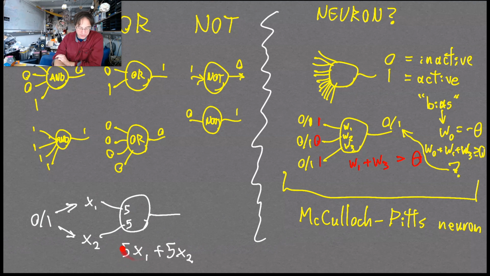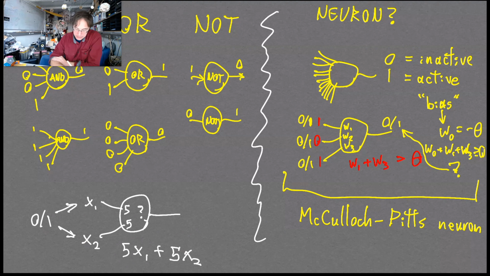If it is inactive, then this product is 0, so it doesn't affect the sum. So that's the reason we multiply here. And then this is the contribution from the second input. Here we have exactly the same thing.